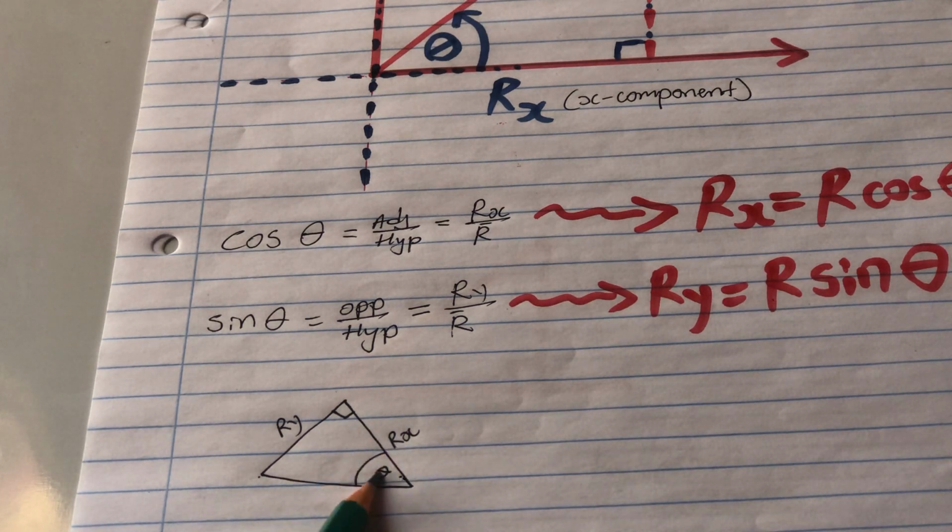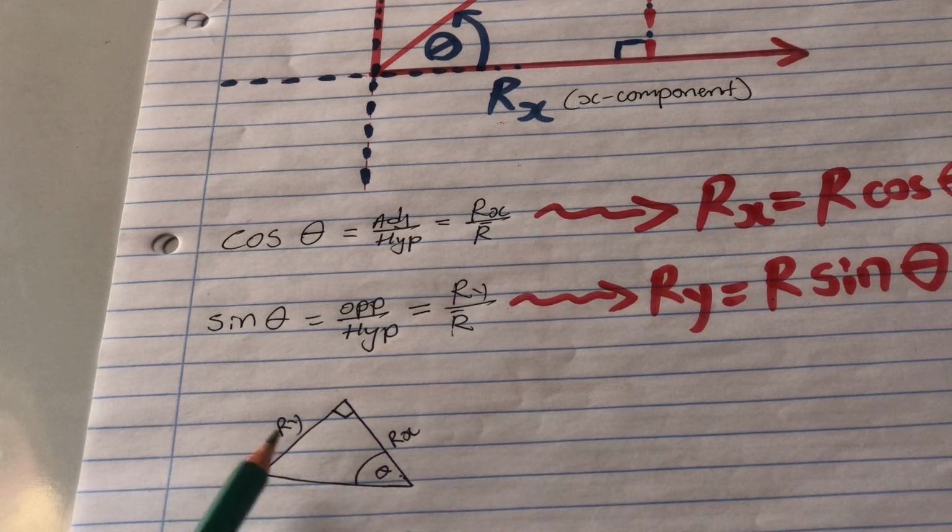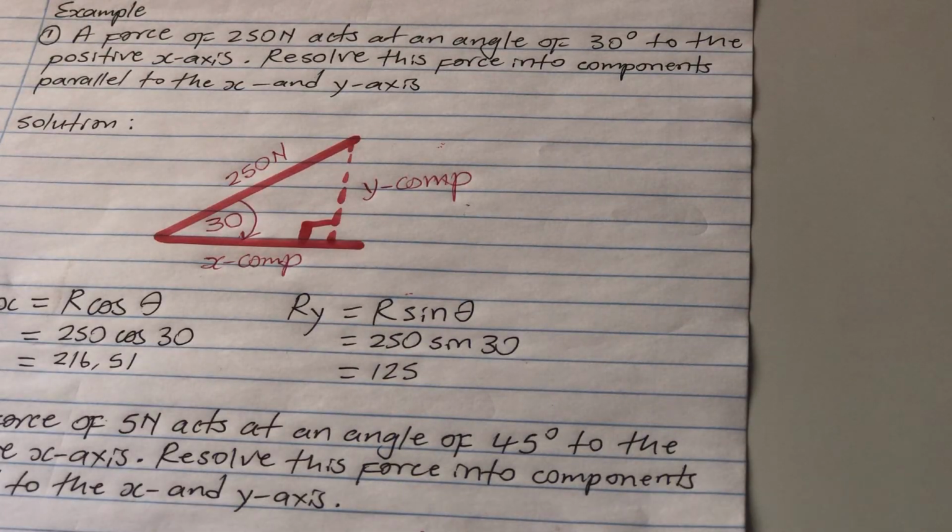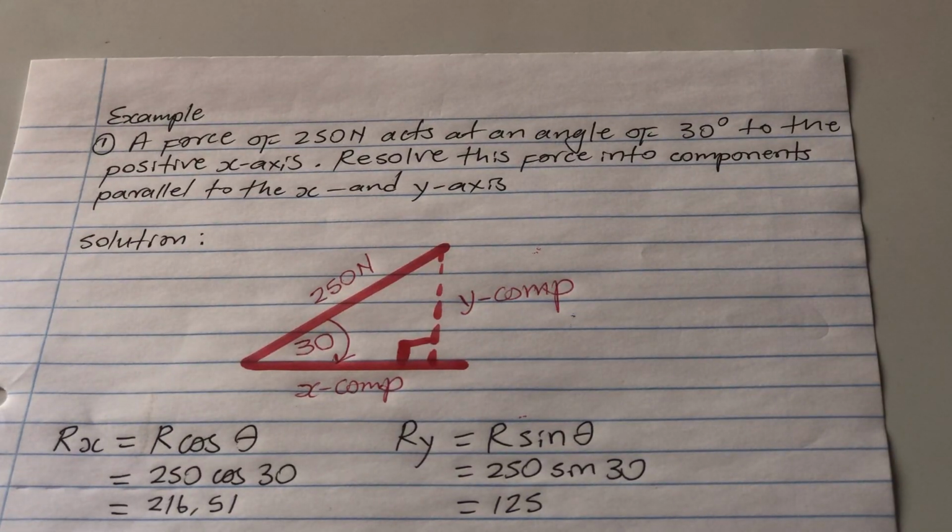This Rx is adjacent to angle theta. We know that it will contain cos, and then the Ry is opposite to theta. It will contain sine. So we are going to look at two examples so that we'll be able to use the knowledge that we have just acquired.